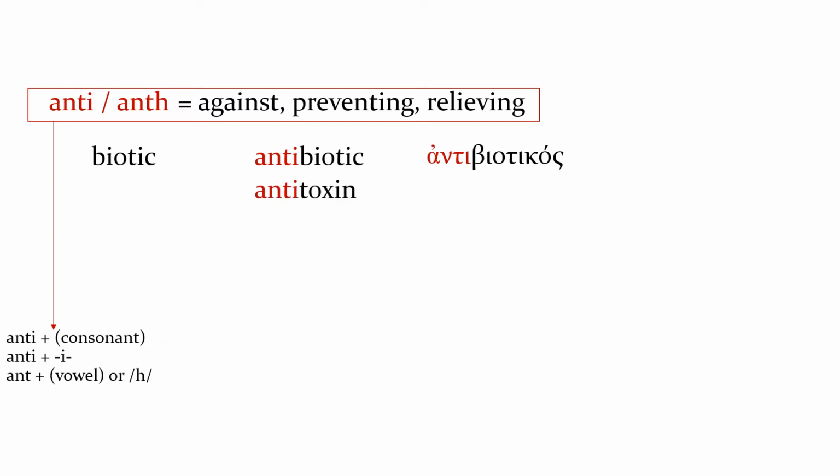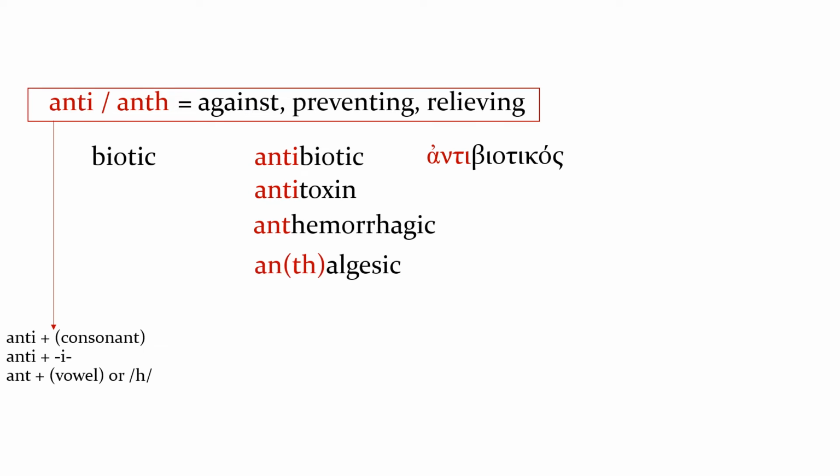And in Greek, look at this, antibiotikos. Most of the letters are exactly the same. Antitoxin, even if you don't know what a toxin is, you know anti is going to be the opposite of it.